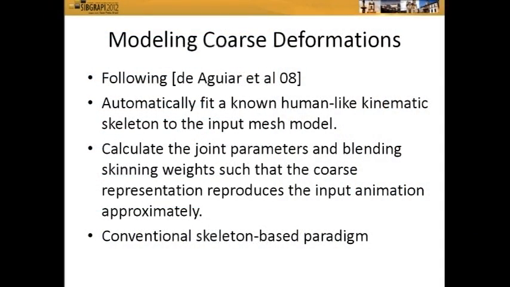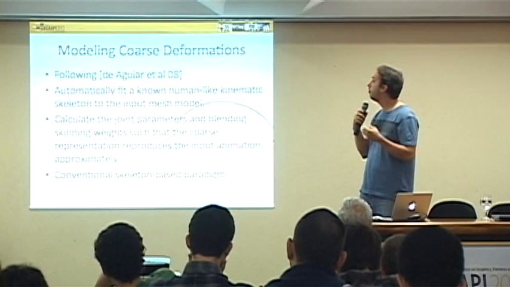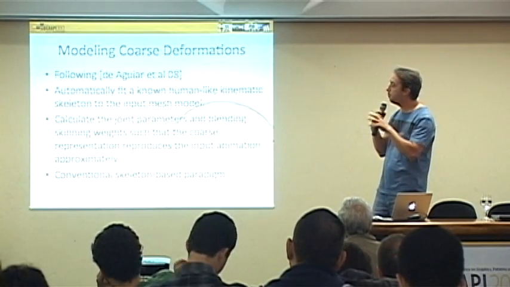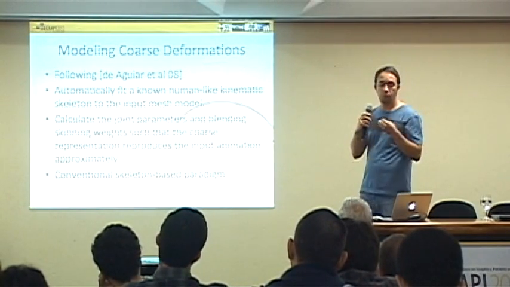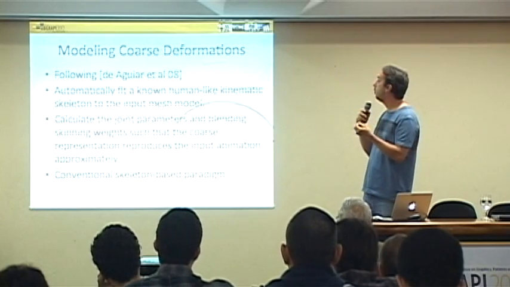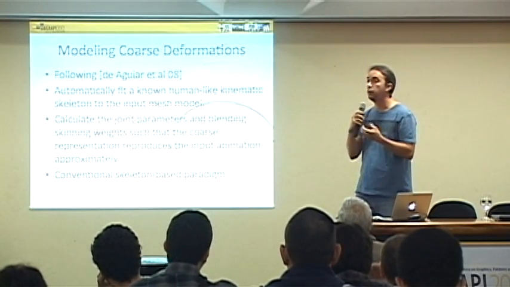So first, about the coarse deformations. Here we're not doing a lot of new stuff. You're just redoing what was done already in 2008. Actually, we're simplifying that method a little bit. So you are automatically fitting a human-like kinematic skeleton to the input mesh model.